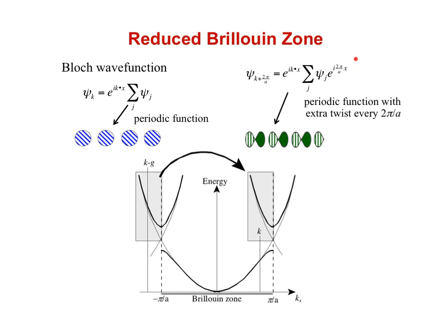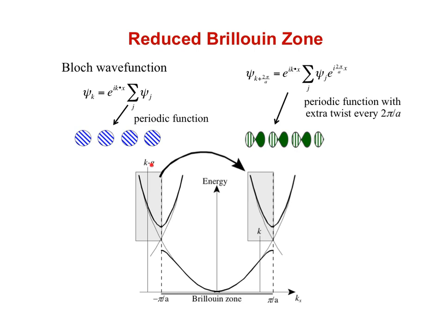We then recognize that this function is simply a periodic function, just like the one we had before, but with an extra twist every cycle. Where our free electron wave used a constant before, now we have a periodic function with one oscillation in between each atom. Because this wave function is also a Bloch wave function, it can be described on the E versus k dispersion relation with wave vector k as opposed to k plus 2 pi over a.